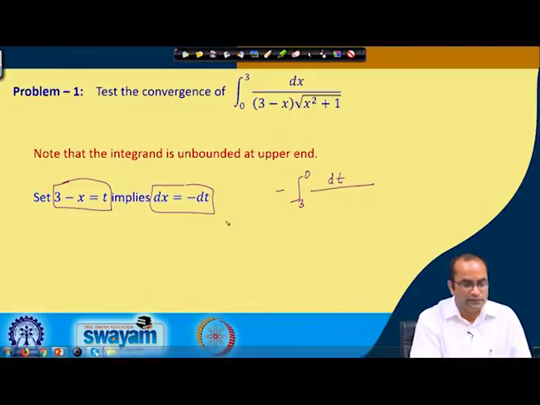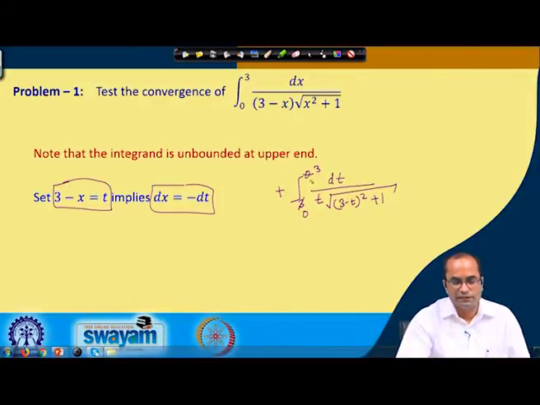Then 3 minus x is t, and here we have x squared plus 1, where x is (3 minus t) whole squared plus 1. Making the sign plus, the limits go from 0 to 3, so we have the integral from 0 to 3 of dt over t times the square root of (3 minus t) squared plus 1.